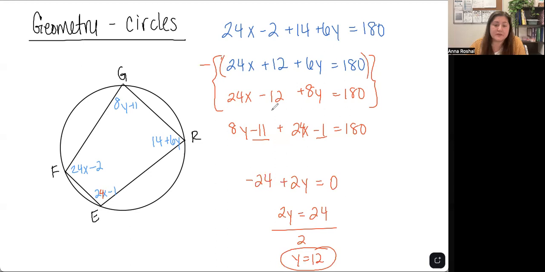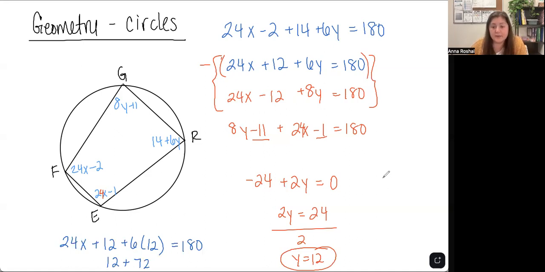Now what I can do is take this y is 12 and plop it back into any one of these two. So I'm going to go ahead and do that right here. I'm going to have 24x plus 12 plus 6 times 12 is 180. So 6 times 12 is 72, plus 12 is going to be 84. So I'm going to need to subtract 84 from both sides.